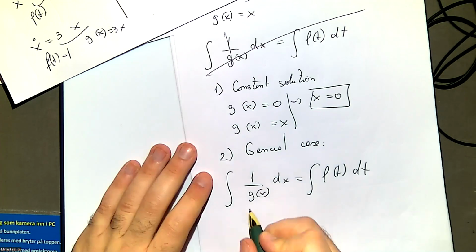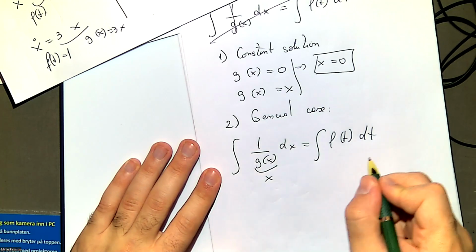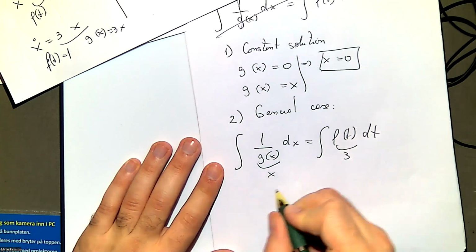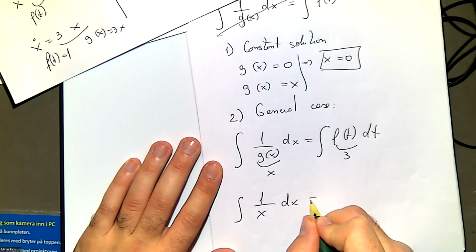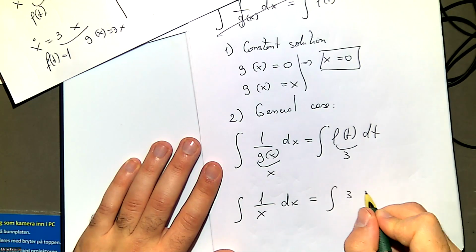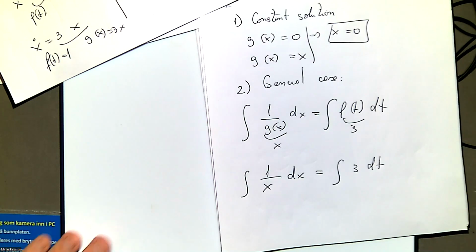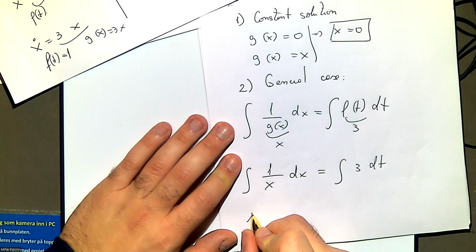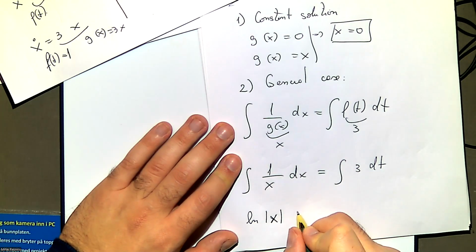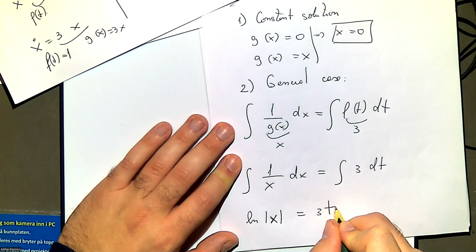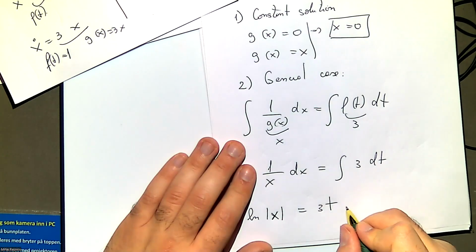Now, we're just going to replace this: g of x is x, f of t is 3, so I get the integral of 1 over x dx is equal to the integral of 3 dt. This thing is ln absolute value of x is equal to 3t plus a constant.